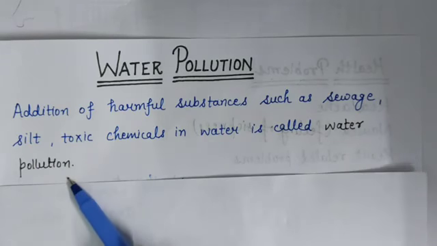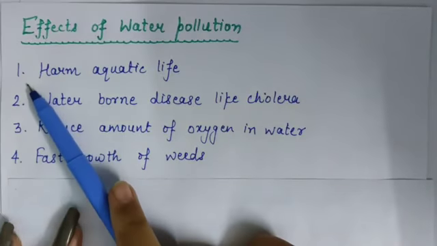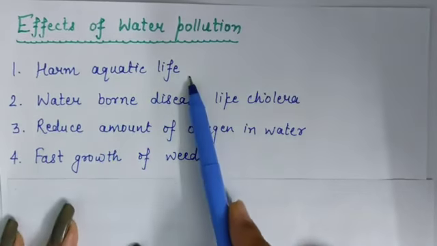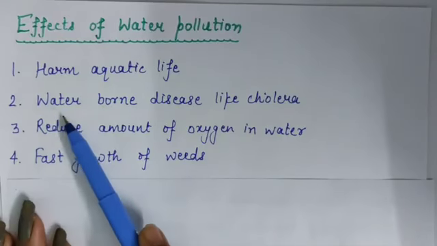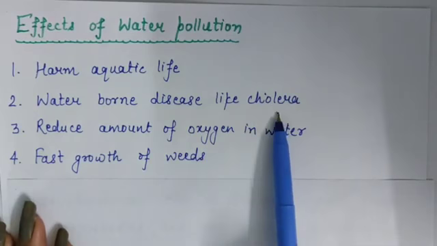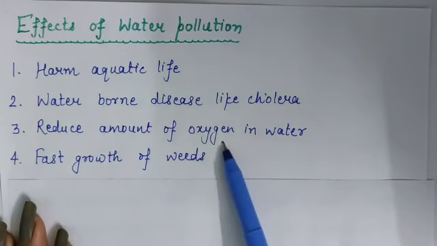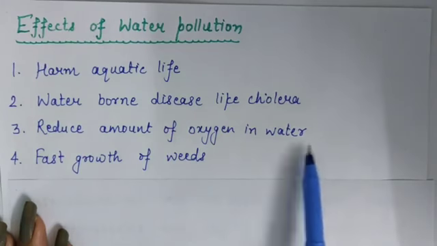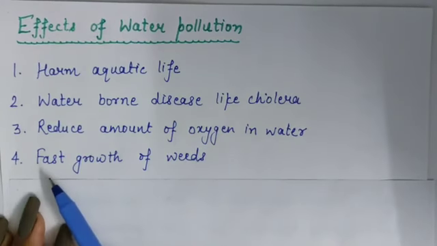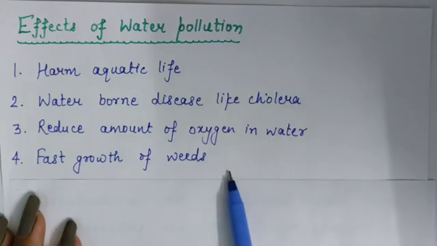And the effects of water pollution are, first, it harms aquatic life. Second, it causes waterborne diseases like cholera, jaundice, diarrhea, etc. Third point is it reduces the amount of oxygen in water. And last is fast growth of weeds. So these are some effects of water pollution.